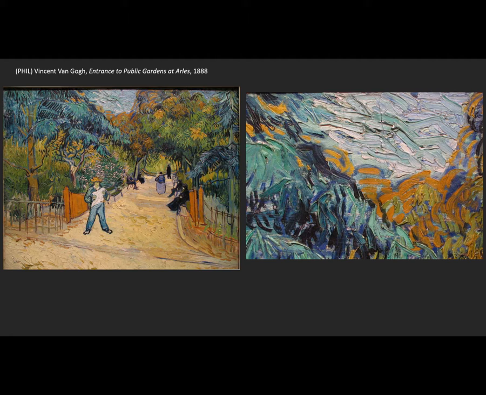Because it's thick paint and it's expressionist, right? In that we see the way in which he's laid the paint everywhere on the canvas, right? It's such a dynamic way of painting, and really ends up having its own strong legacy as we move into the 20th century of expressionism, right?